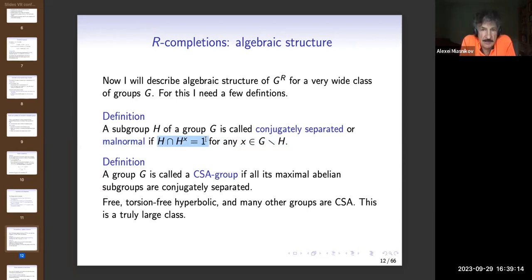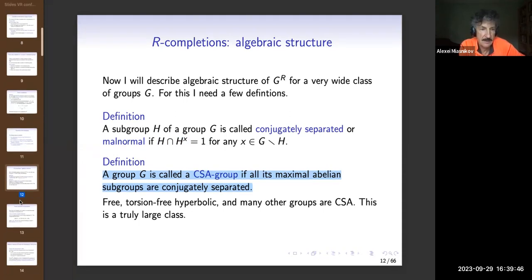CSA originally meant conjugately separated abelian, maximal abelian subgroups. At that time, I didn't know that there is a corresponding notion of malnormal. A group is called CSA if all its maximal abelian subgroups are malnormal. Free, torsion-free hyperbolic, and many other groups are like that.